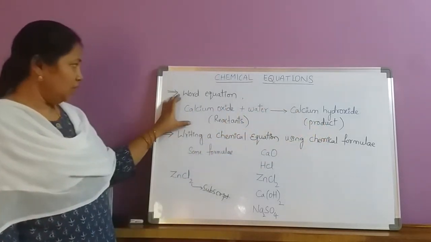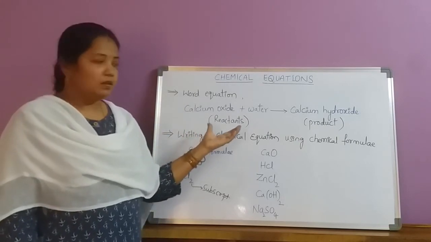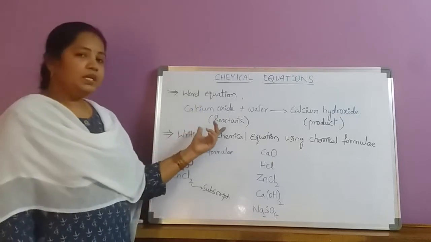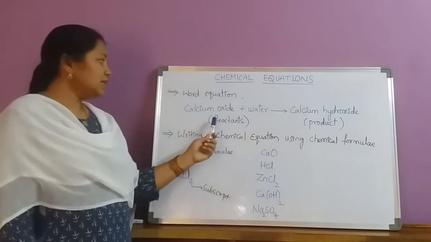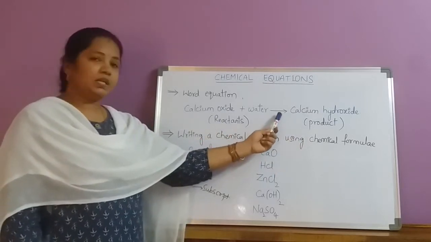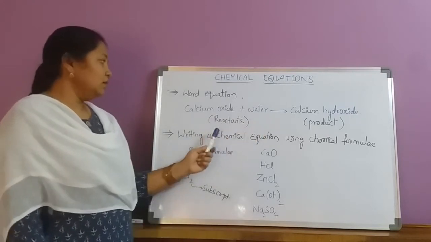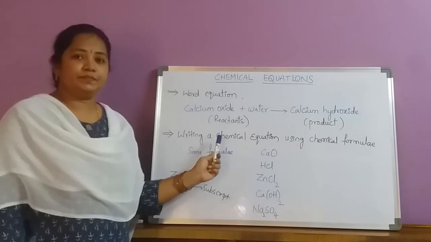The chemical equation which is written by using the names of the substances is called a word equation. Here, in this word equation, we have two sides. The arrow mark is placed in between the substances. Towards the left hand side of the arrow mark, we should always represent the reactants. What are the reactants?